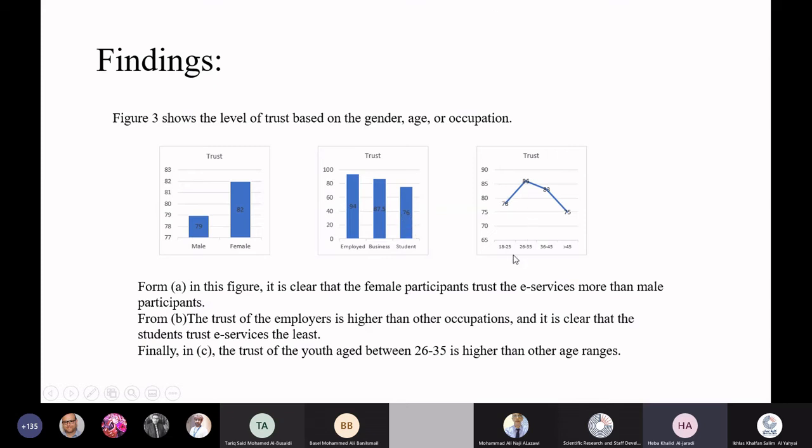According to their age difference, those who are between 26 and 35 years of age trust e-services the most. Those who are older than 45 years trust e-services the least, because I'm imagining that they like doing things the old style.